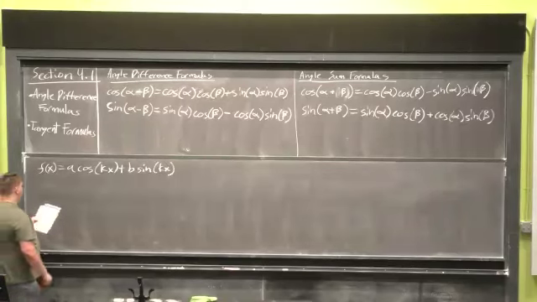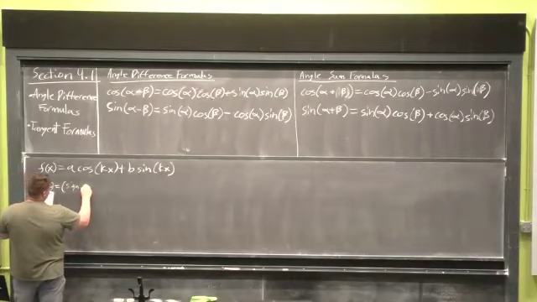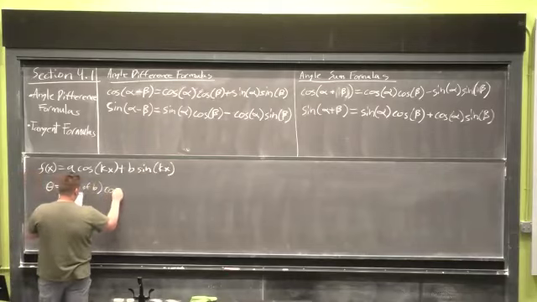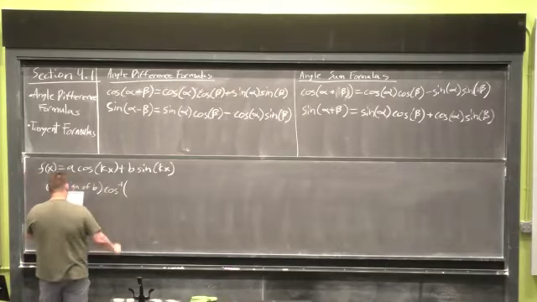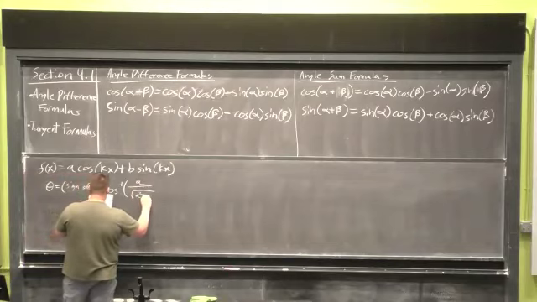So we're going to have theta equal the sine of b times cosine inverse of a over square root of a squared plus b squared.